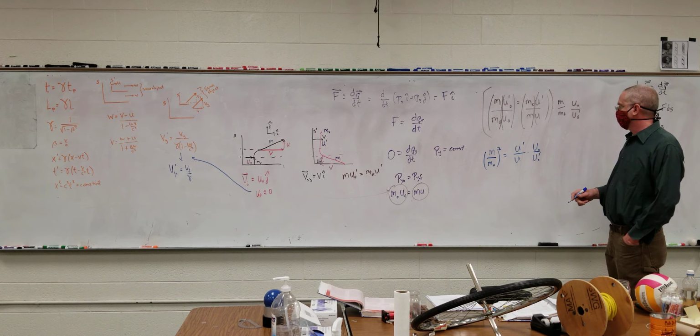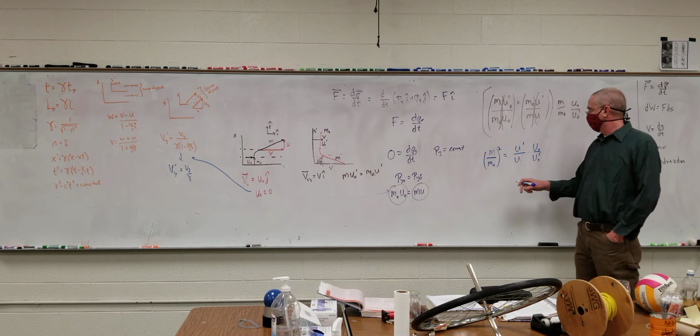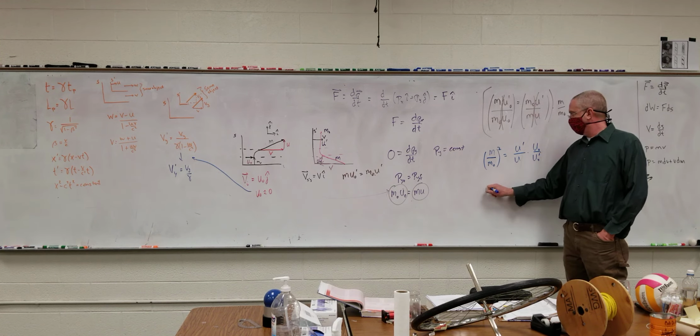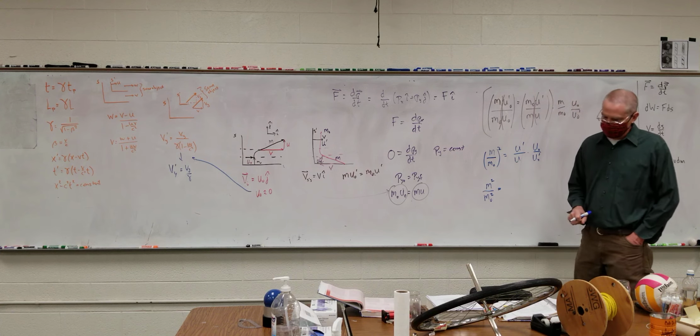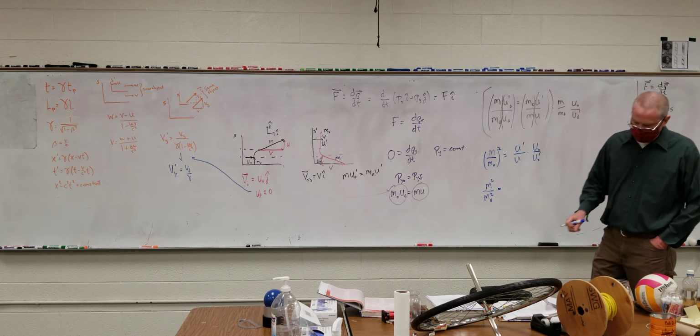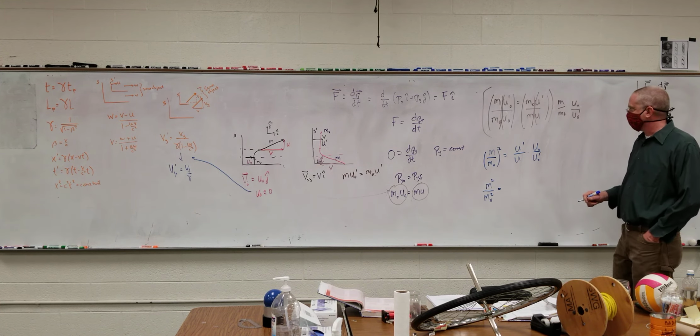So therefore, m squared over m naught squared equals, let's make sure we get the gammas in the right spot.